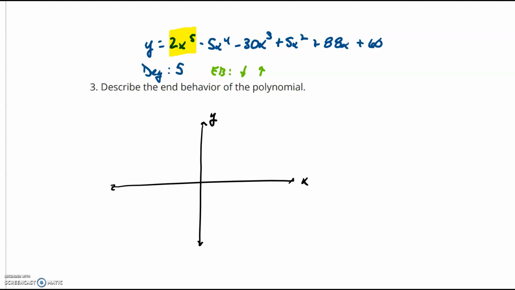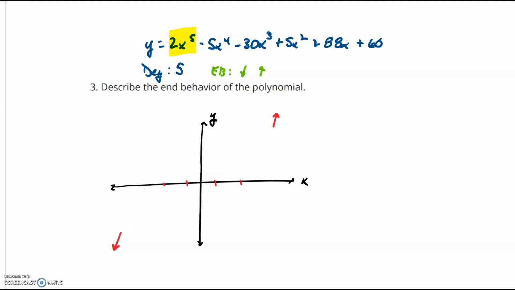So if I go ahead and sketch a graph that sort of looks like this, and remember in the beginning of the year we did a little bit of this graph sketching. My graph, I know it's going to go down on the left, up on the right, and it's probably going to have 4 different zeros. So we can just sketch that in.